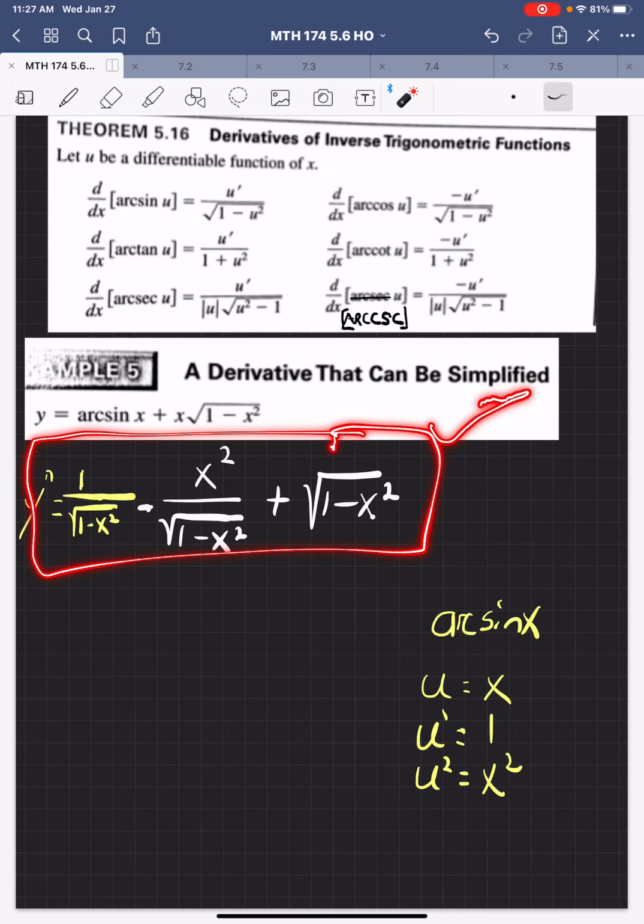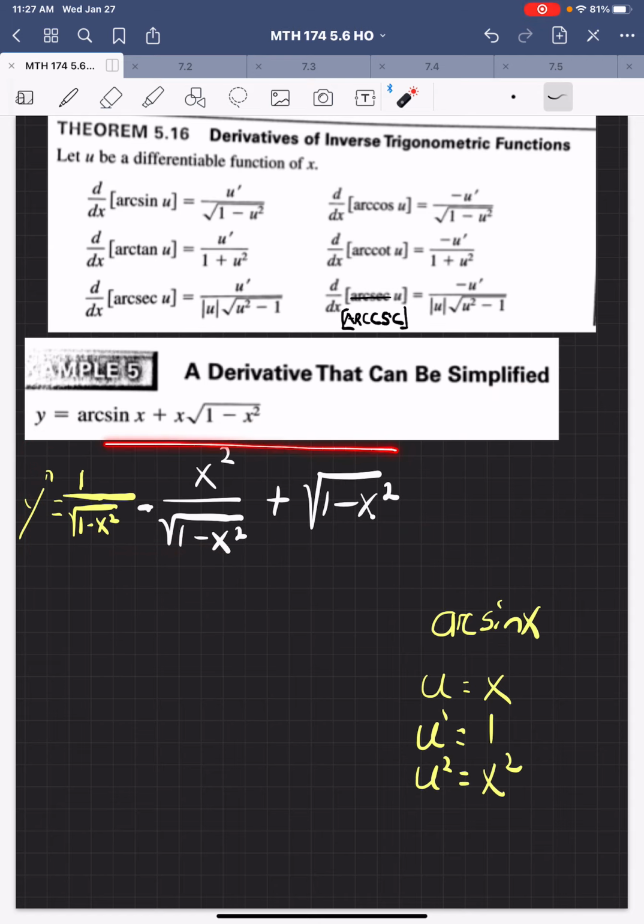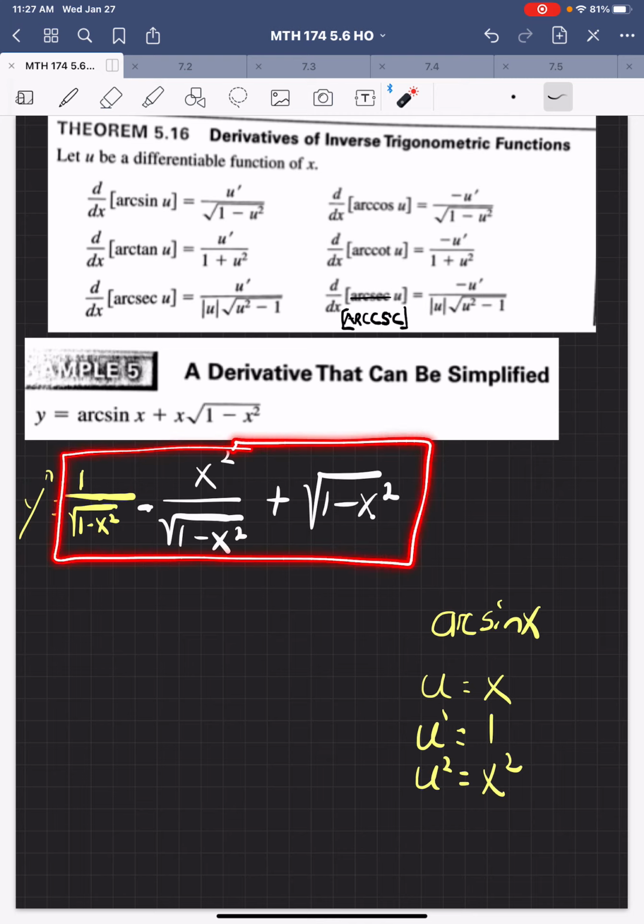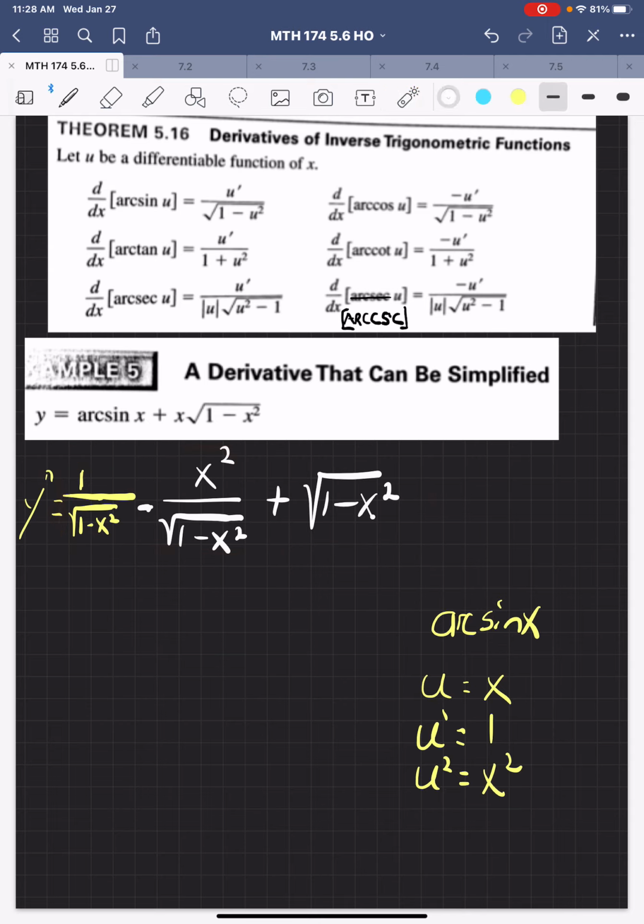If you were to look the answer up in the back of the book, undoubtedly what they would do is combine these fractions. You'd have to get a common denominator. So it would look something like 2 square roots of 1 minus x squared.